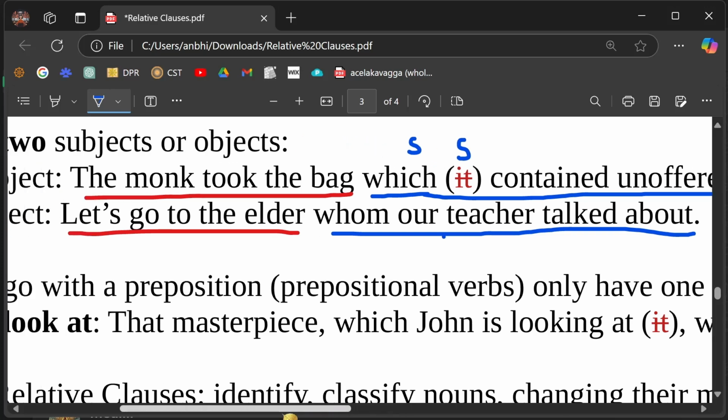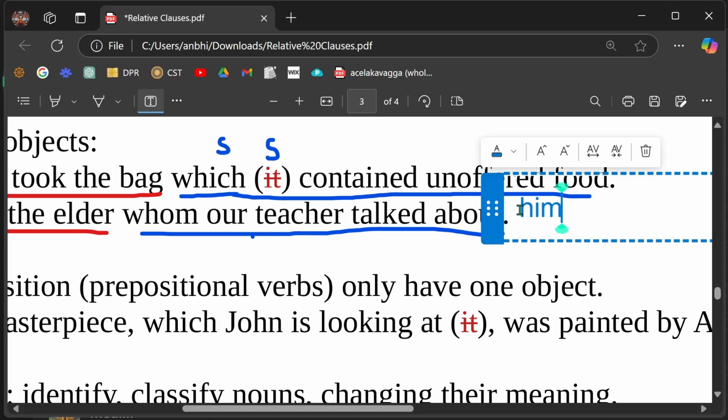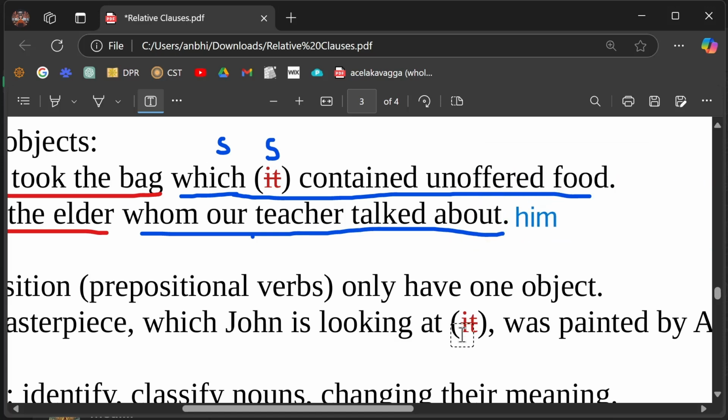I didn't add a second noun. So here the mistake would be here, whom our teacher talked about him, you see? Like a second object, you see? This him is wrong. Because him is already referred to by the whom.